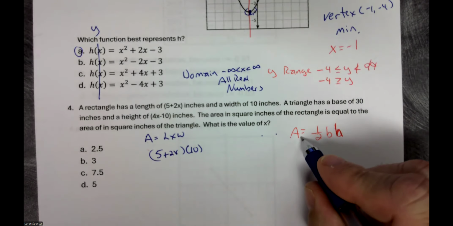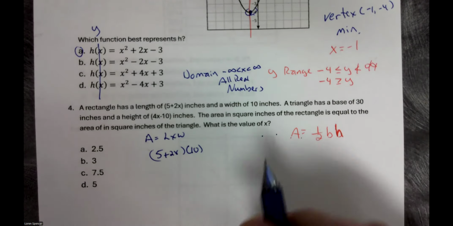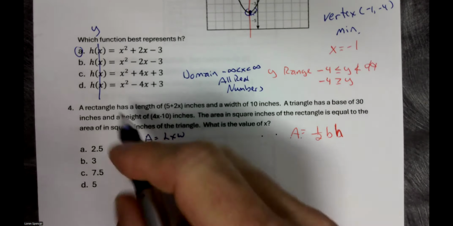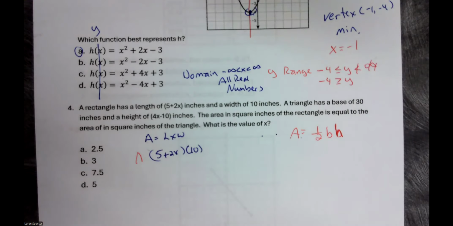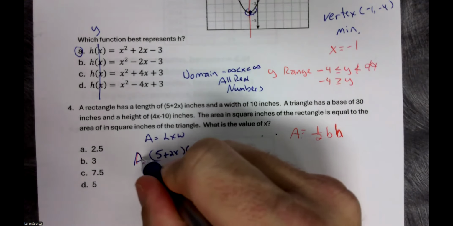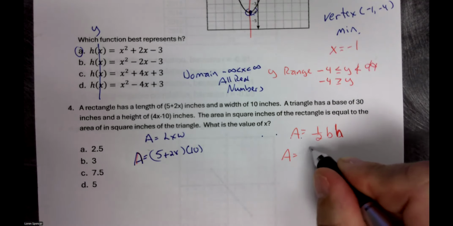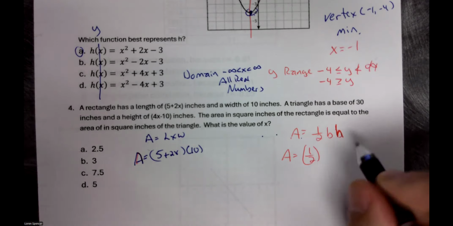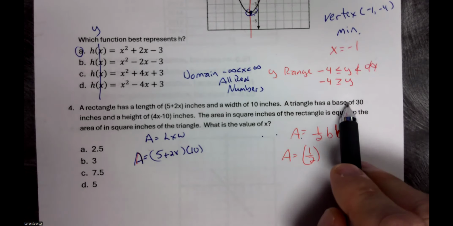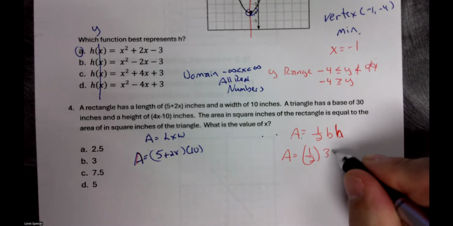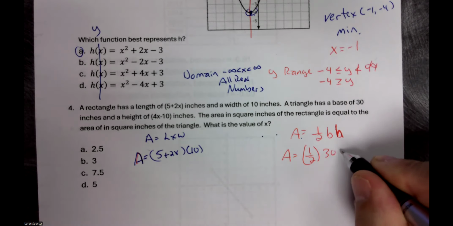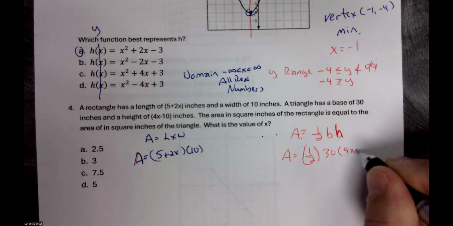Now, the area for the triangle. Oops, should have kept the blue. That's the area for the rectangle. The area for the triangle is 1/2, and I'm just going to put that in parentheses, and the triangle has a base of 30 times 4x minus 10.